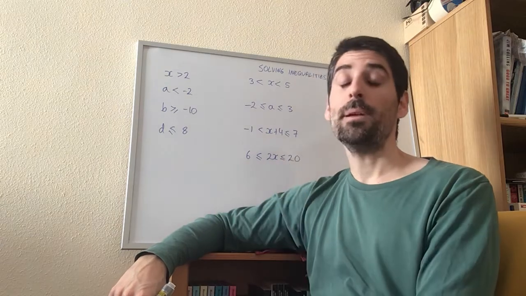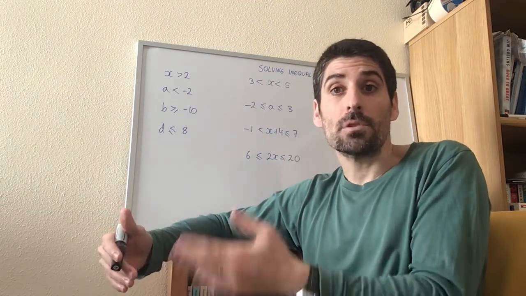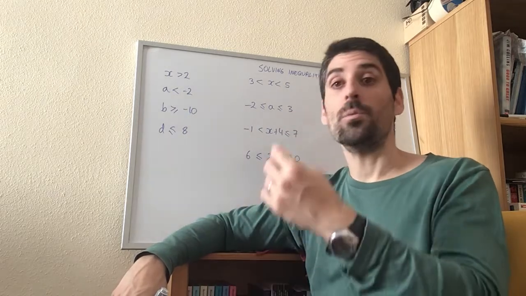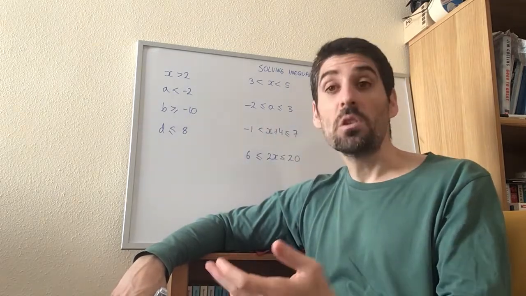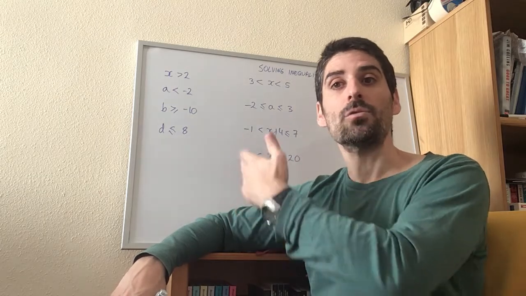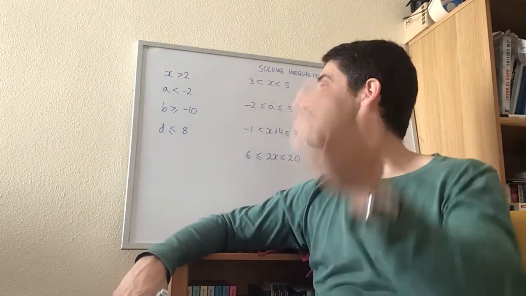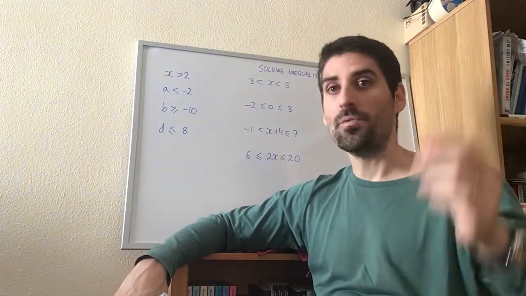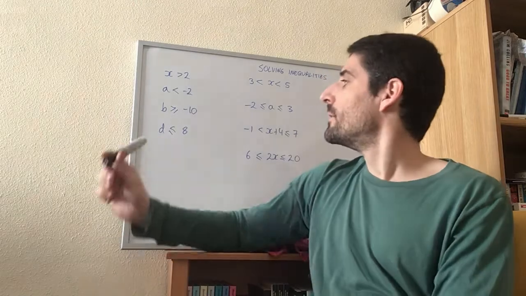It could be minus 9, because minus 9 is bigger than minus 10. It could be minus 3, 1, 29, or minus 10, because b is allowed to be equal to minus 10. So, from minus 10 all the way up to infinity, any number there.